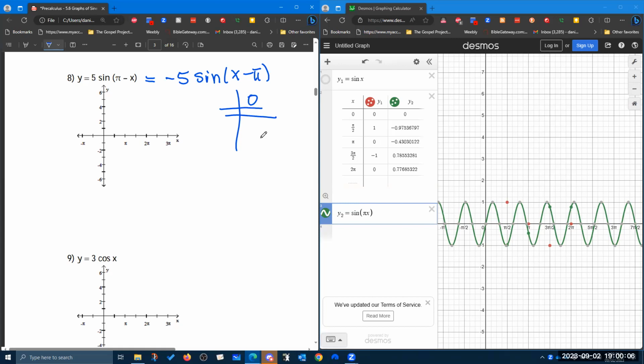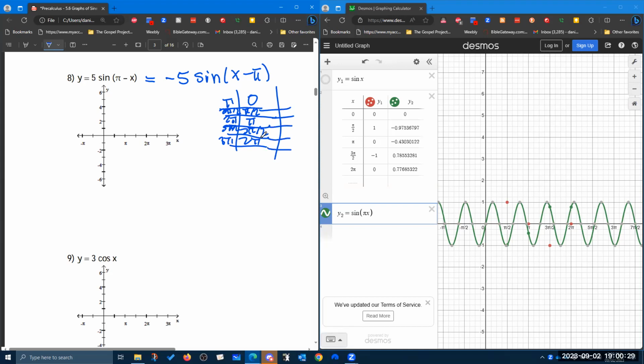Instead of 0, pi over 2, pi, 3 pi over 2, and 2 pi, we're now at pi, 3 pi over 2, 2 pi, 5 pi over 2, and 3 pi. And we're going to keep the same y values and then multiply them by negative 5.